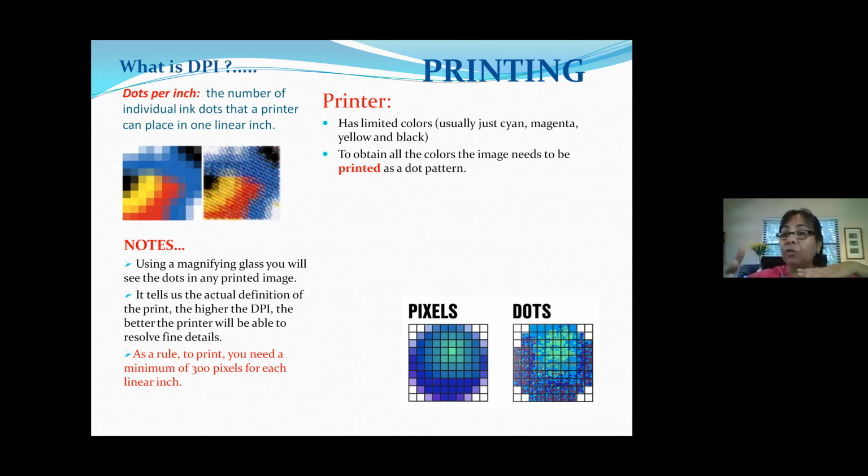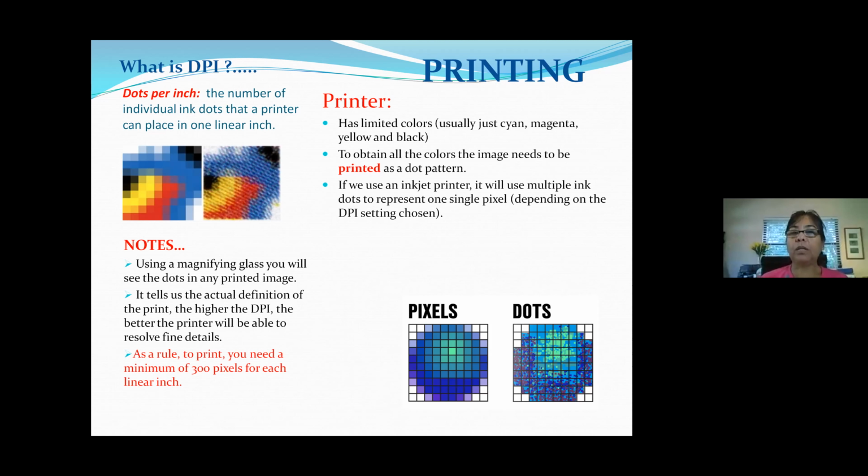And depending on how you use your cyan, magenta, and yellow, they can be transparent colors or not, depending on what you are going to get in your printing. If we use an inkjet printer, the dots that represent each ink are going to be multiplied depending on the DPI setting chosen.